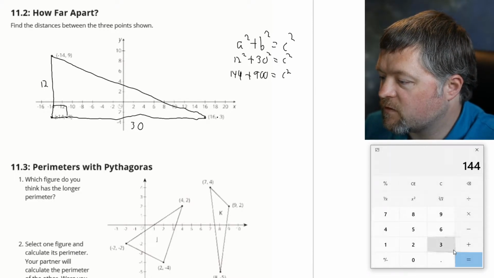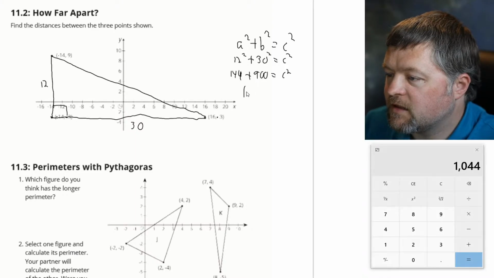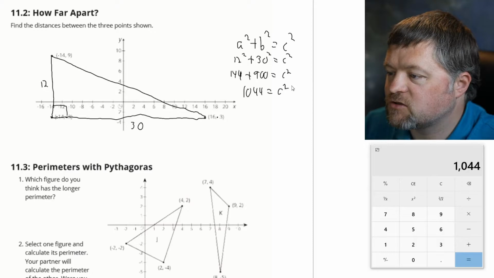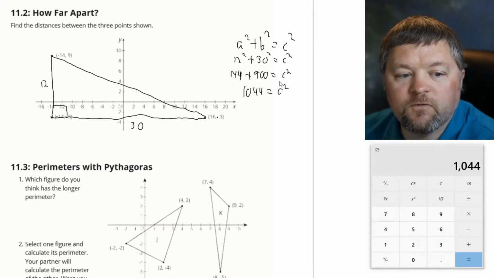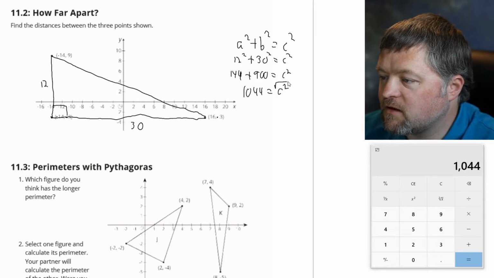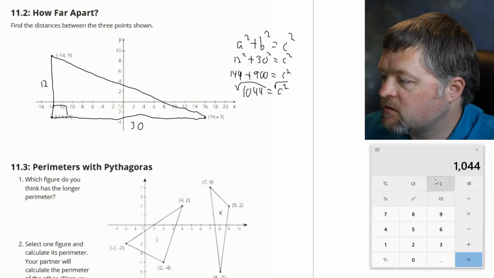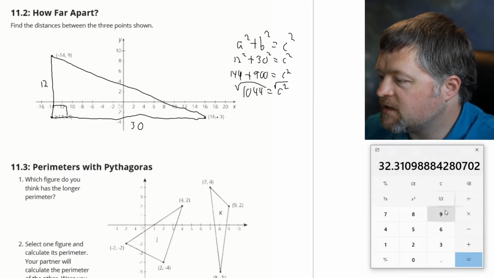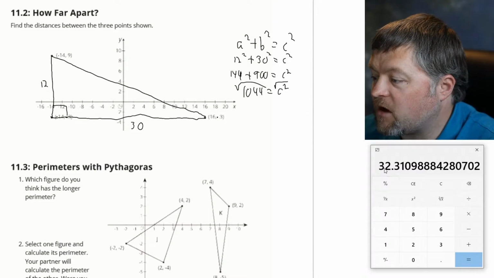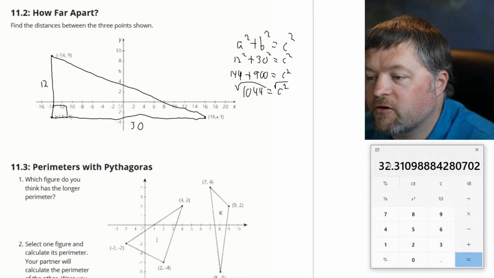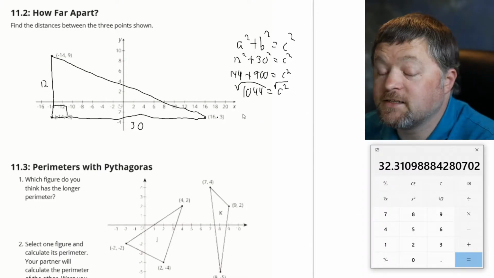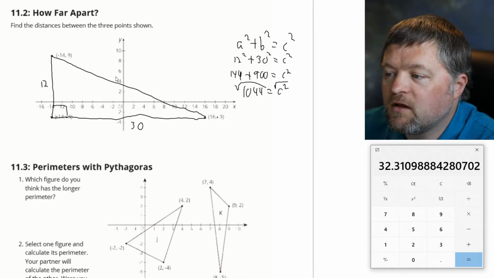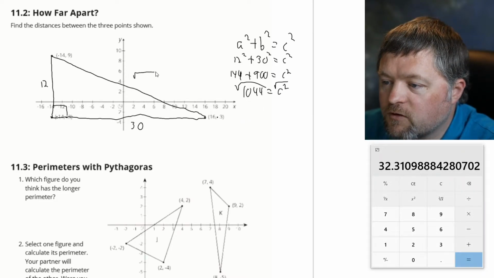Plus 144 is 1044 equals c squared. To find out c, we take the square root of each. Does that work out nicely? No, it doesn't. It's approximately 32 units, but it is exactly the square root of 1044 units.